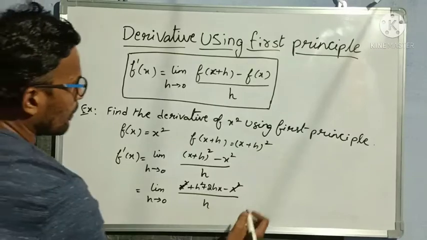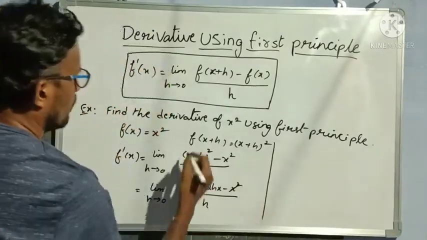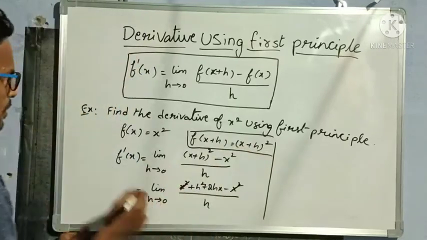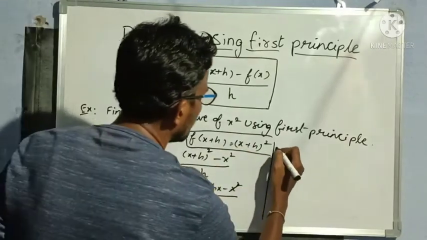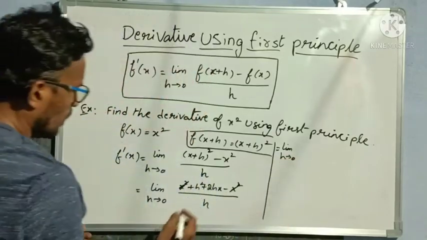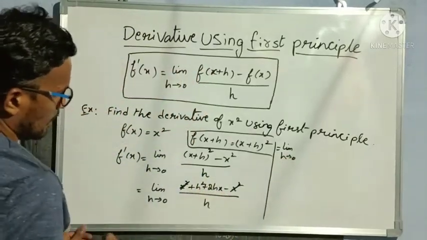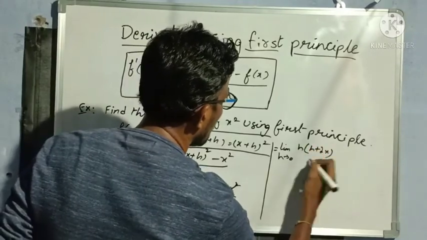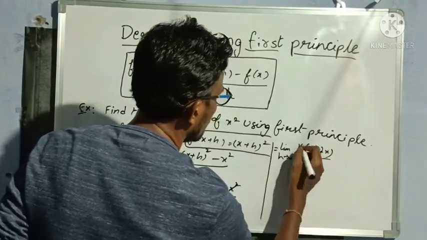Now I am continuing here. So that is equal to limit h tends to 0, and I am having h square plus 2hx. If I take h common there, h into h plus 2x by h. So here also h gets cancelled.